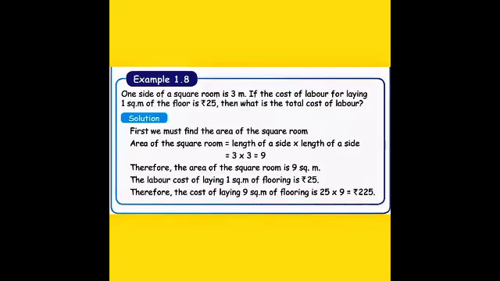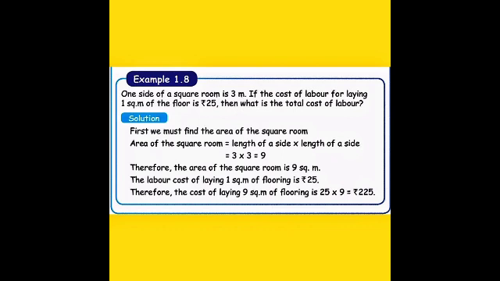Next question: one side of a square room is 3 meter. If the cost of labor for laying 1 square meter of the floor is rupees 25, what is the total cost of the labor? Here we want to find the area of the square room, which is length of a side into length of a side. 3 3s are 9. So the area of the square room is 9 square meter.